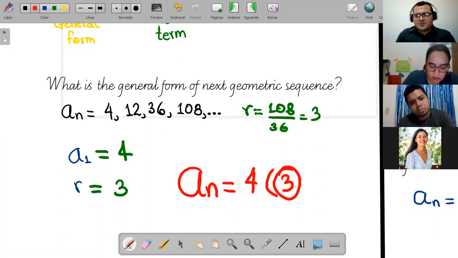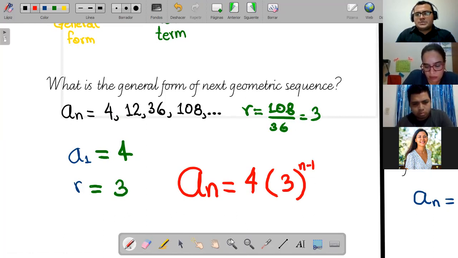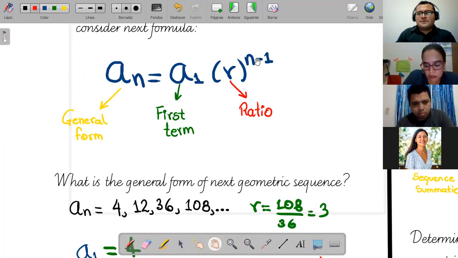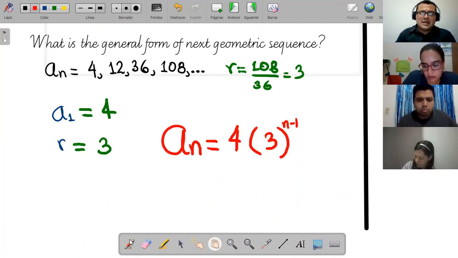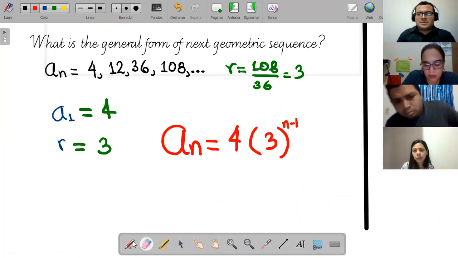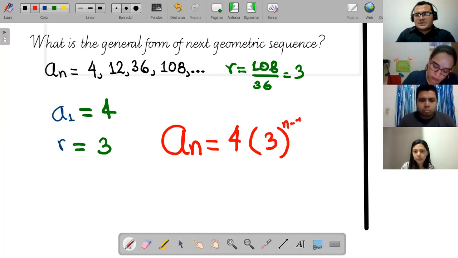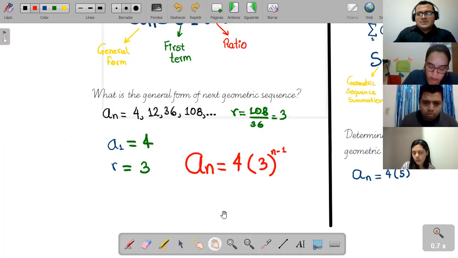This could be a fraction. And the exponent will be n minus 1, following that formula. And that's it. I'm not going to ask you to do any procedures there. There it is, n minus 1.